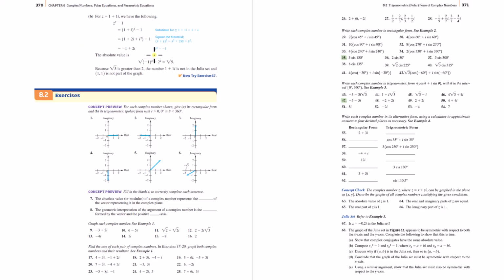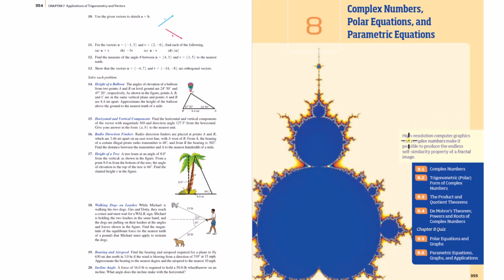Okay, well, let's come back to the image at the start of the chapter. It said high-resolution computer graphics and complex numbers make it possible to produce the endless self-similarity property of a fractal image. So I guess you can represent points in a plane with complex numbers, but if it's just an XY coordinate system, then there's no relation between X and Y at all.